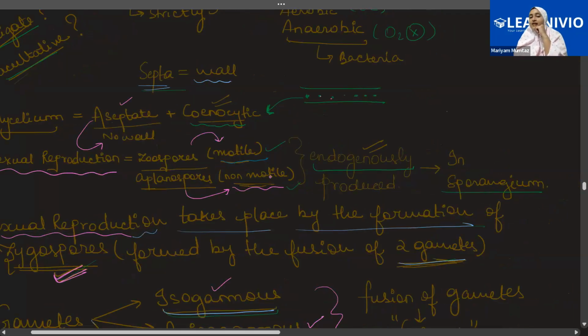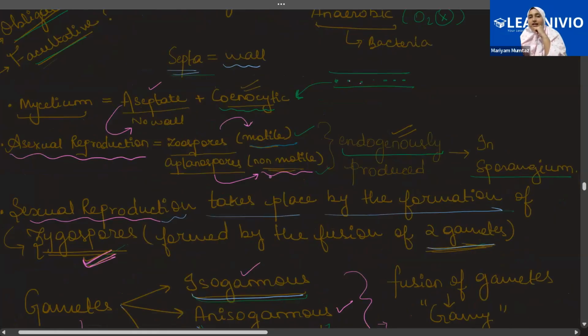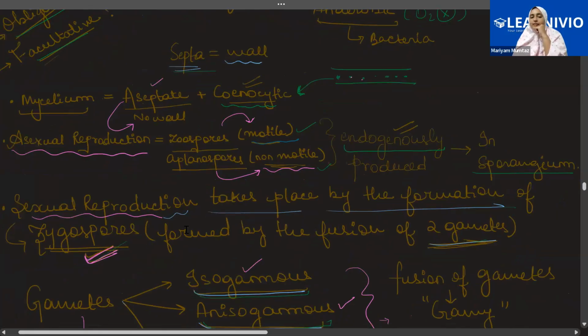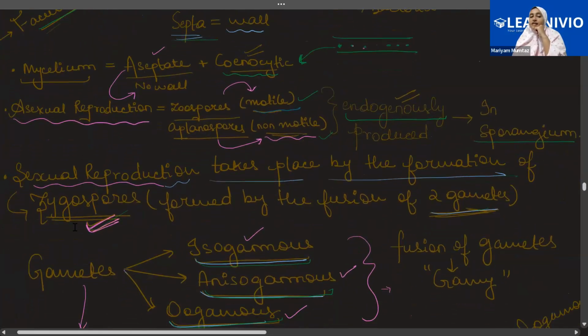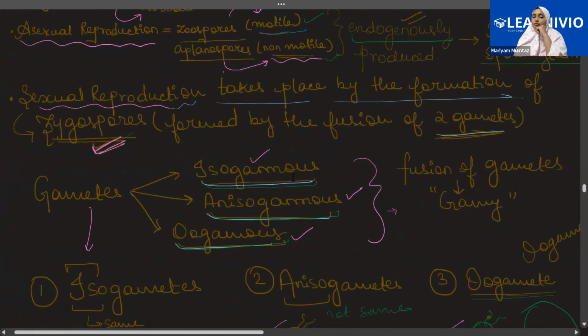And both of them are endogenous, meaning they are not produced outside the body, they are rather produced inside the body. Sexual reproduction takes place by the formation of zygospores. When two gametes fuse, zygospore is formed. Now the gametes can be isogamous, anisogamous, or oogamous.